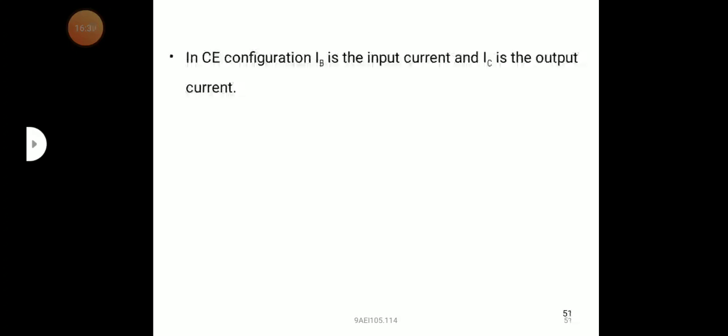Now we discuss the common emitter mode. In common emitter configuration, IB is the input current and IC is the output current.